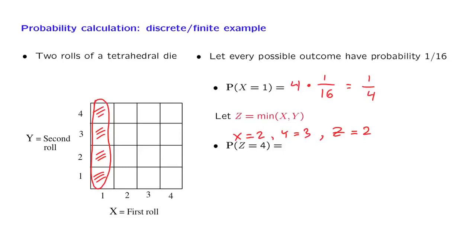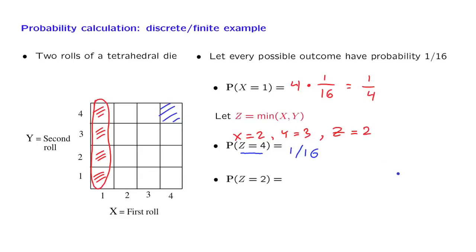Now, for the smaller of the two outcomes to be equal to 4, we must have that both x and y are equal to 4. So this outcome here is the only way that this particular event can happen. So since there's only one outcome that makes the event happen, the probability of this event is the probability of that outcome and is equal to 1 over 16.